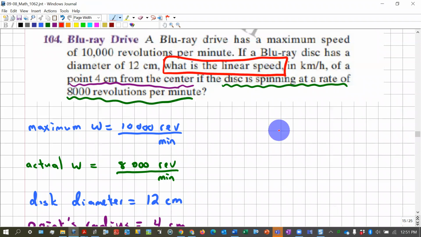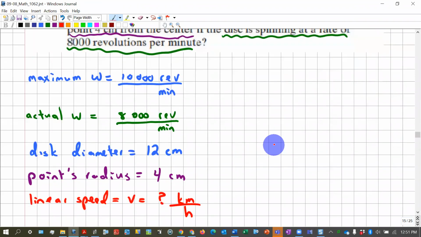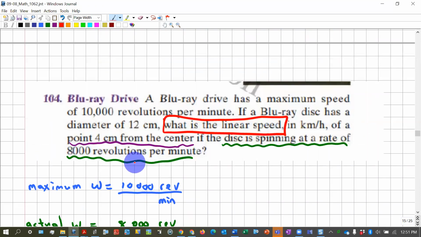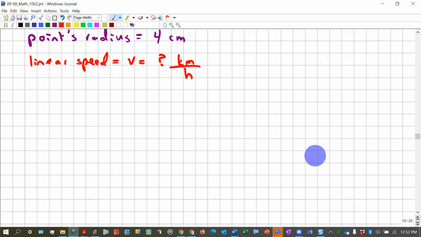And a linear speed is a speed, it's a rate. So we're going to start with a rate. Which rate? The maximum rate, or the rate that the point is actually spinning at during the time of this problem? Well, if the disk is actually spinning at 8,000 revolutions per minute, that's the rate we're going to use, not the 10,000. So 8,000 revolutions for every 1 minute is what we're going to start with.